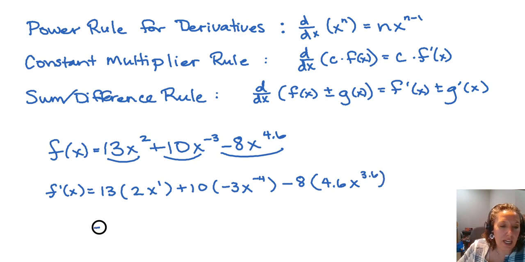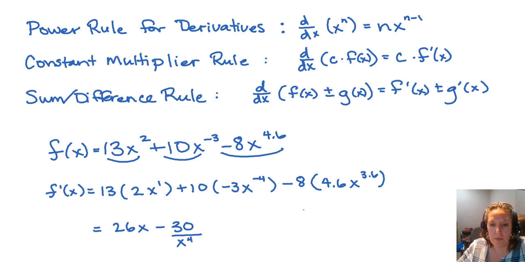All right, now let's clean that up just a little bit. 13 times 2x to the first is the same thing as 26x. 10 times negative 3, x to the negative 4. Let's go ahead and simplify that completely and write that negative exponent in the denominator. So we'll get negative 3 times 10 gives us negative 30, and then x to the negative 4th is x to the 4th on the bottom.